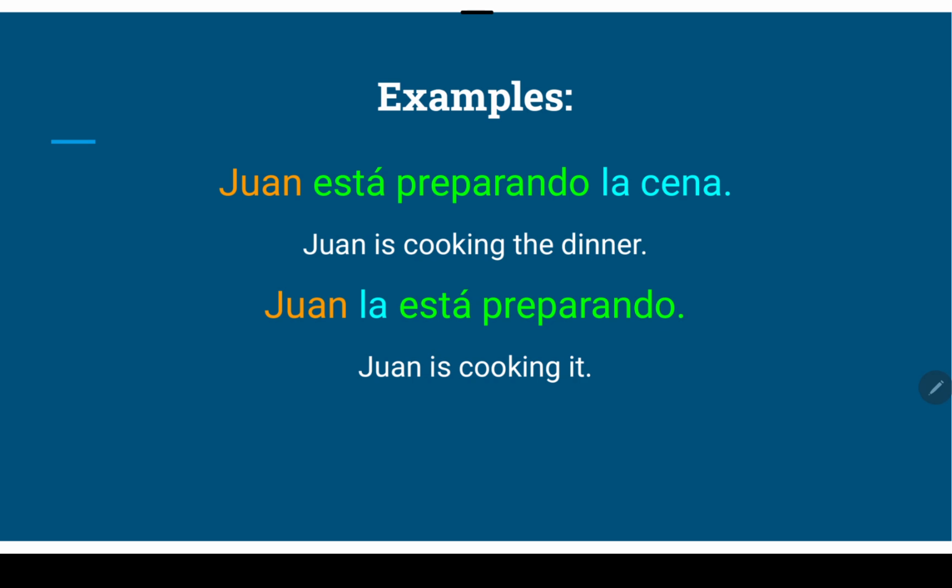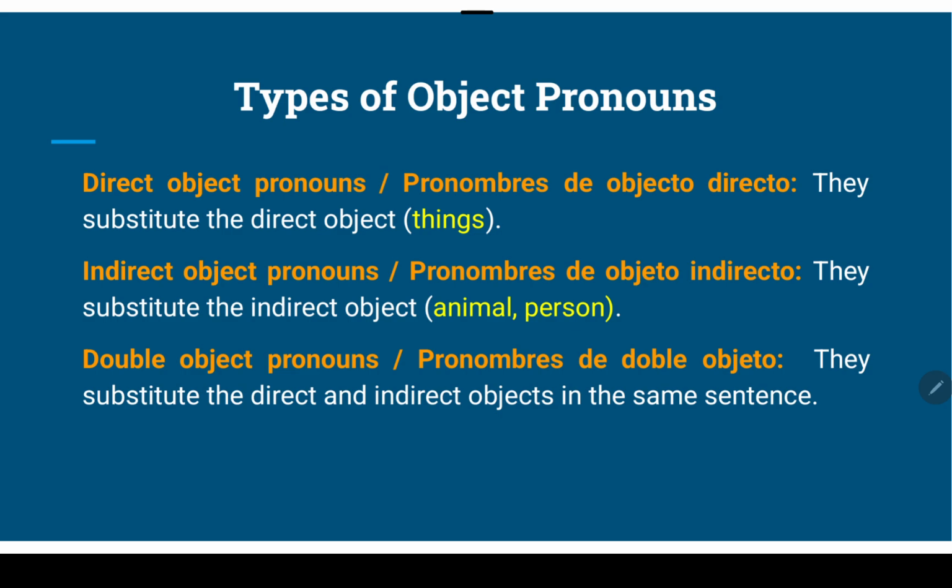Okay? Then we have the types of object pronouns. The first one is the direct object pronouns, pronombres de objeto directo. They substitute the direct object, in this case, the things. Indirect object pronouns, or pronombres de objeto indirecto, they substitute the indirect object, in this case, an animal or a person.